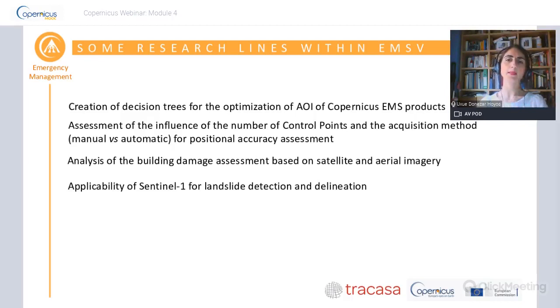So we have been working lately in the creation of decision trees for the optimization of areas of interest for the Copernicus EMS products related to floods. So we can automatically discard areas that cannot be flooded or that are not prone to be flooded, such as a mountain, and in this way optimize the area of interest of the product.